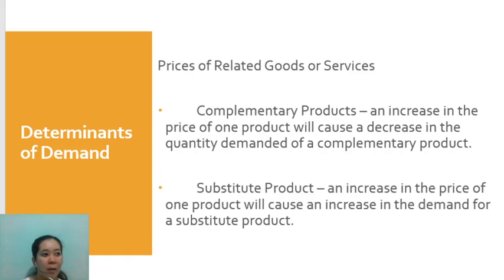For example, take the different brands of shampoo. If the brand of shampoo that you are using increases its price, then the demand for that product will decrease, and the consumers will look for another brand of shampoo that has the same features as the first product that they are using.